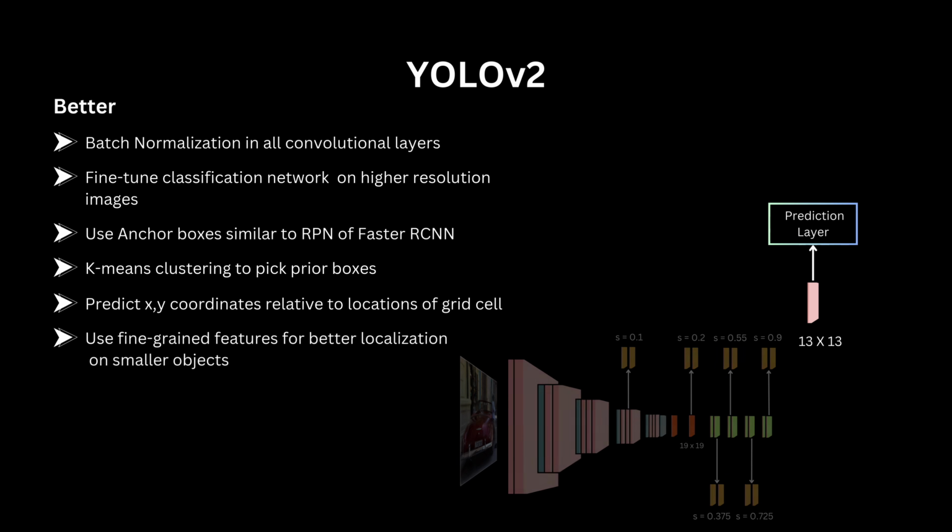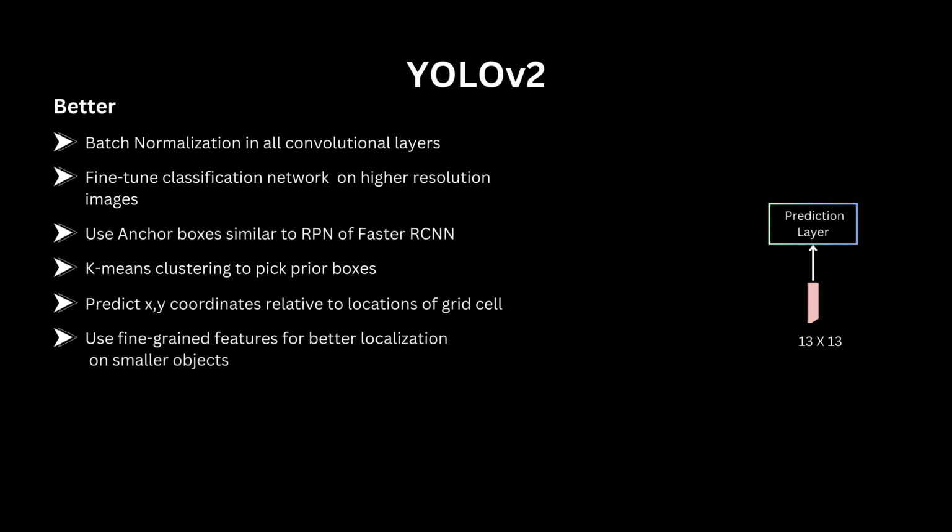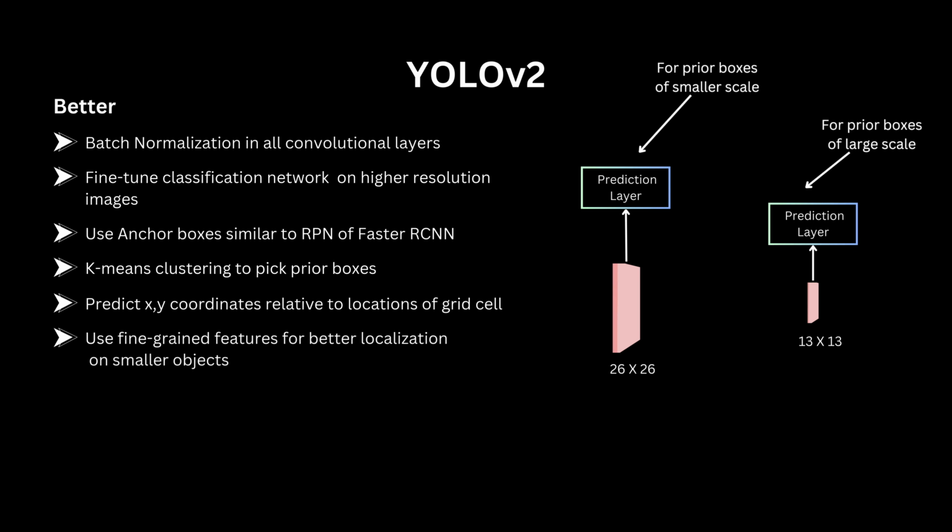So if we had to do the same for YOLOv2, we would use this 26 x 26 feature map and attach a prediction convolution layer on top of it as well to get localization, objectness, and classification scores for all anchor boxes for all grid cells in this feature map. And these prior boxes would be of smaller scale.